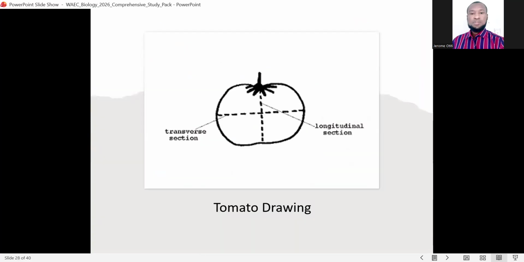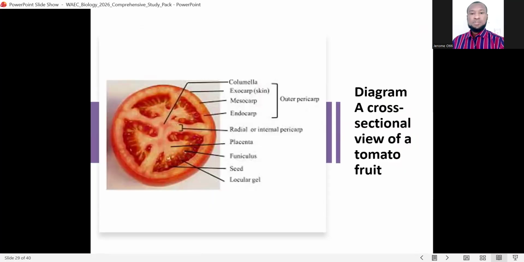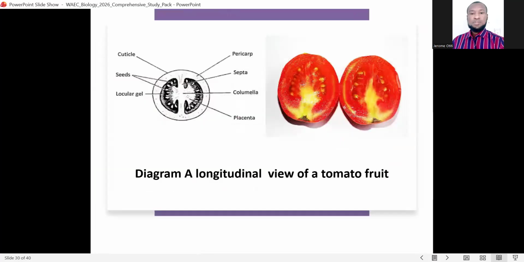They may ask you to cut the tomatoes. If they ask you to draw the transverse, another word for transverse is cross section, that is if they cut it. But if they ask you to draw the longitudinal, that means from here to this place. Make sure you know the one they ask you to draw. This is for cross section, or transverse.